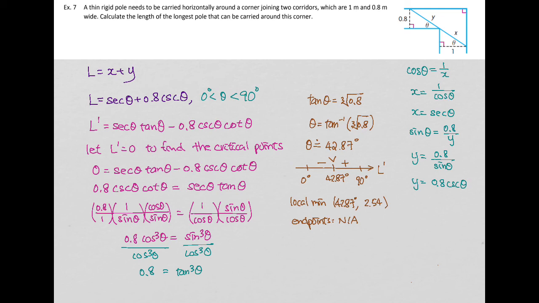Even though mathematically this is a local minimum, according to the context of the question, because it is bounded by the wall, this actually means the maximum length of the pole that we can have. Therefore, we say the longest pole that can be carried is approximately 2.54 meters at the angle approximately 42.87 degrees.